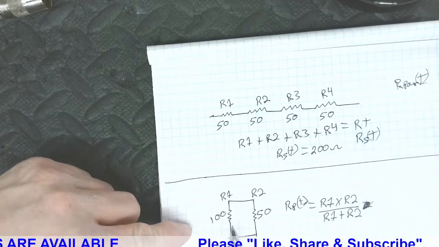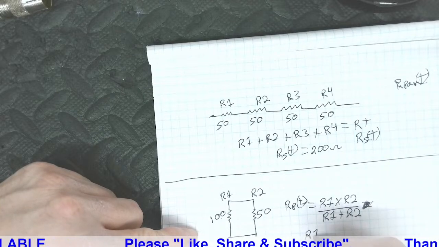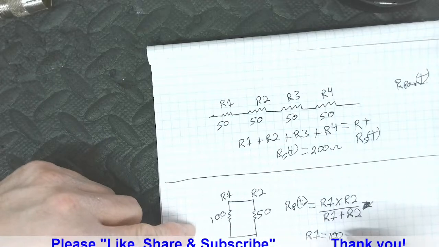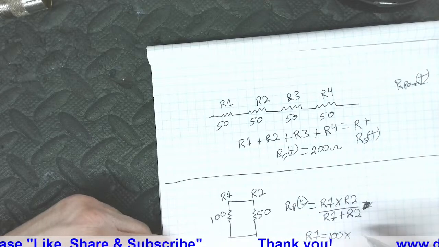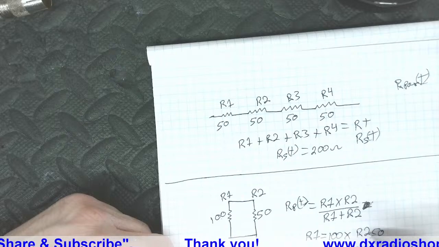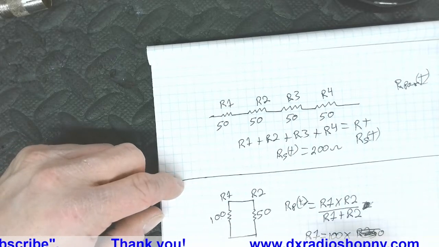So what we need to do is R1 is 100, okay, and we got R2 is going to be 50.